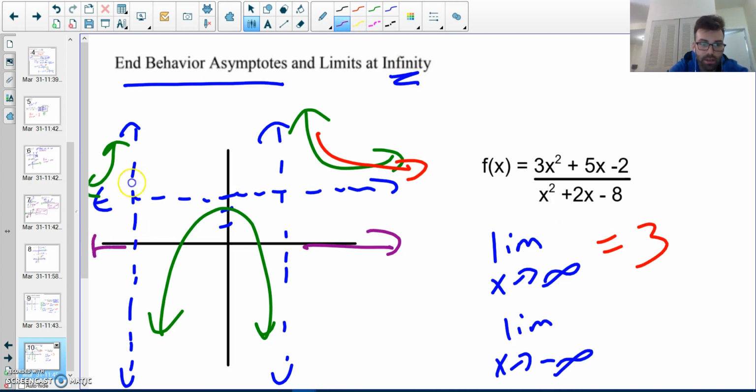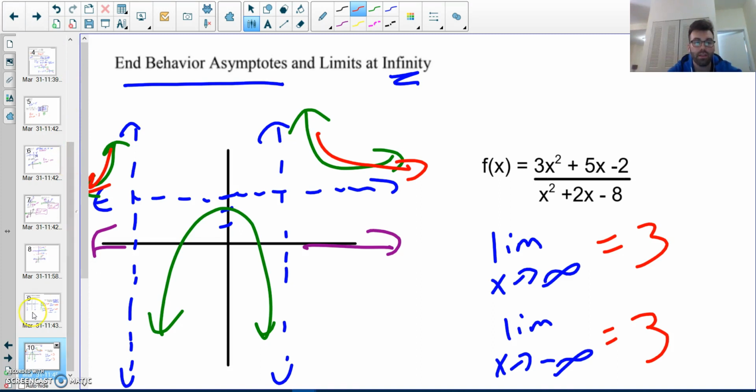As x goes to negative infinity, y is still approaching 3. These don't have to be the same. Remember, I could have positive and negative infinity here. When would they be the same? When there's a horizontal asymptote, these will most likely be the same. I don't like to say always because you're going to find a case where that's not true.